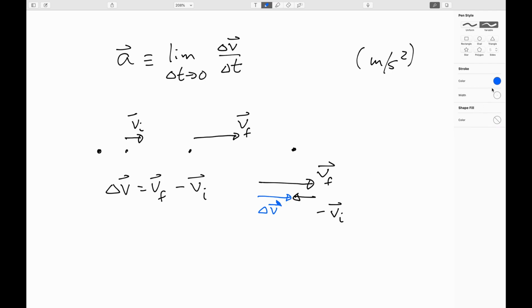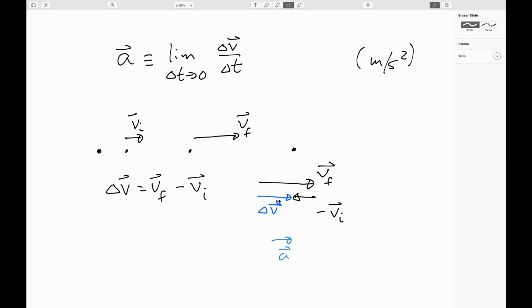Now the acceleration will always point in the same direction as the change in velocity. So I will draw my acceleration vector to be in the same direction. Now the length of the arrow you draw for the acceleration does not matter with regard to the length of the arrow you draw for the delta v, as long as they're proportionate if you've got more than one of them.